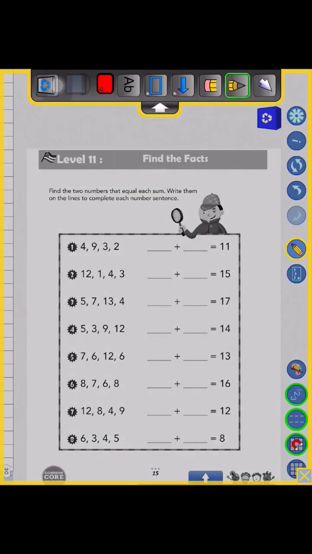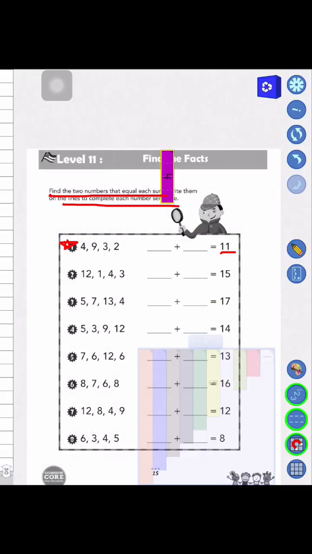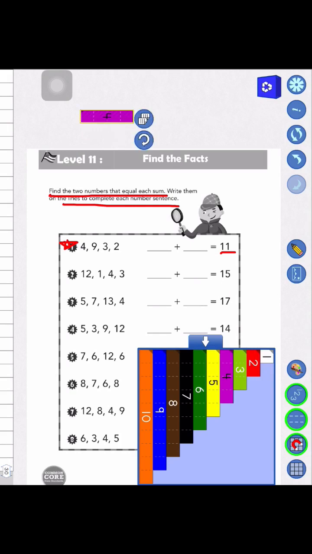Okay, now please turn to page 15. Take a look at the instruction. Find the 2 numbers that equal each sum. Write them on the lines to complete each number sentence. So question 1, we have 4 numbers and the sum is 11. So we take the Cuisenaire rods to help us find the answer.